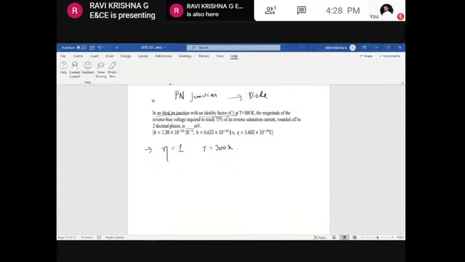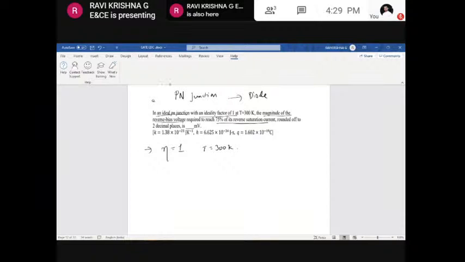And it is given that the magnitude of the reverse bias voltage that is required to reach 75% of its reverse saturation current, rounded off to 2 decimals, is dash millivolts. Which means what we have to do is determine the magnitude of the reverse bias voltage.